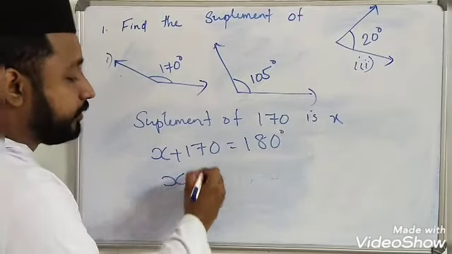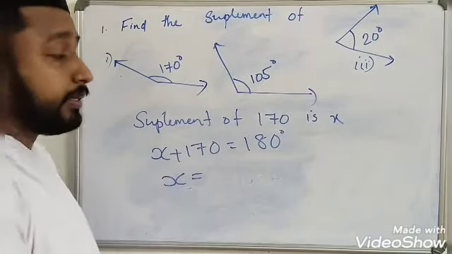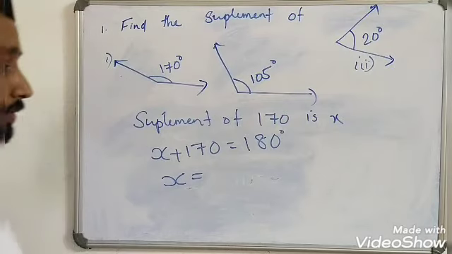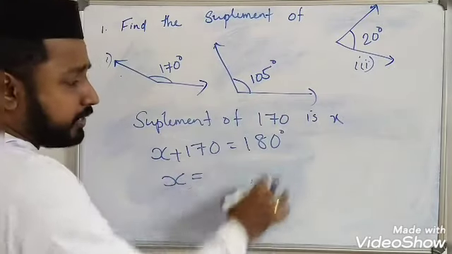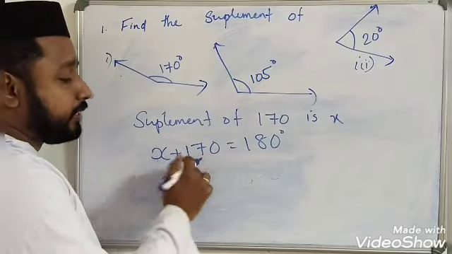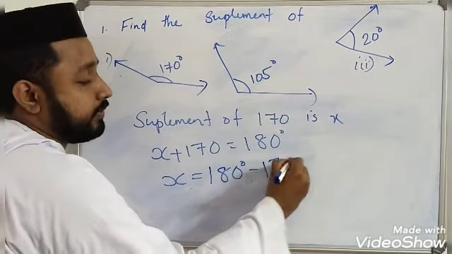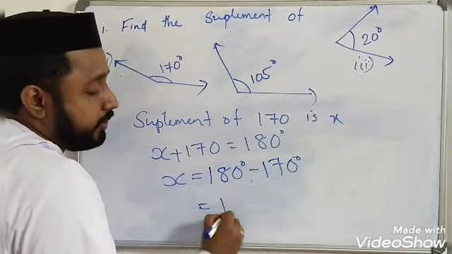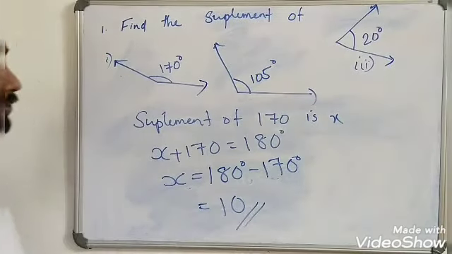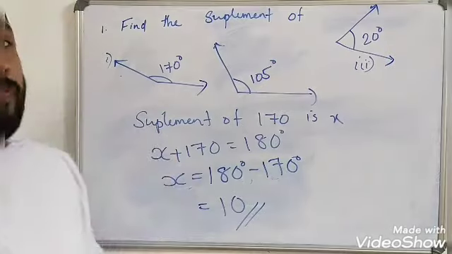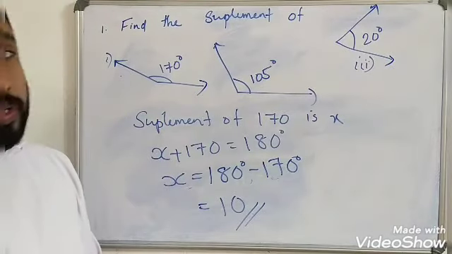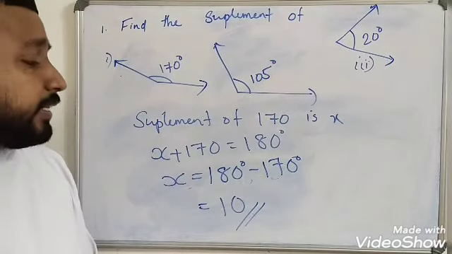Plus 170 goes to RHS, it will become minus 170, or subtract 170 on both sides. We will get x is equal to 180 degree minus 170 degree, which is equal to 10. So x is equal to 10. So supplement of 170 is 10.